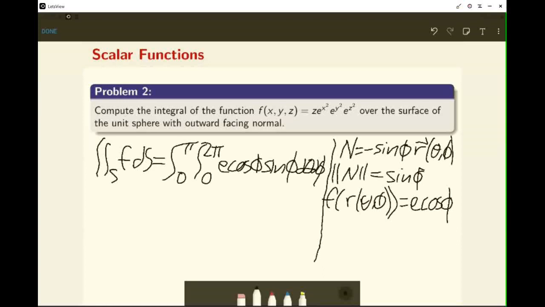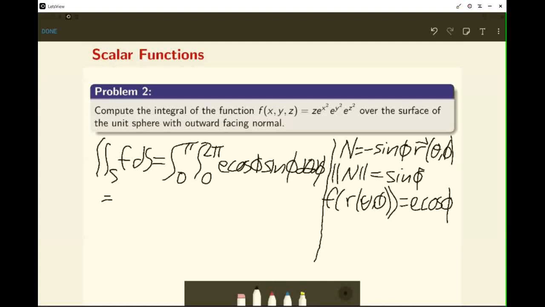And then we don't have a dependence on theta, so the theta integral is just going to give us a factor of 2 pi. Our integrand here, we've got the cosine phi sine phi.